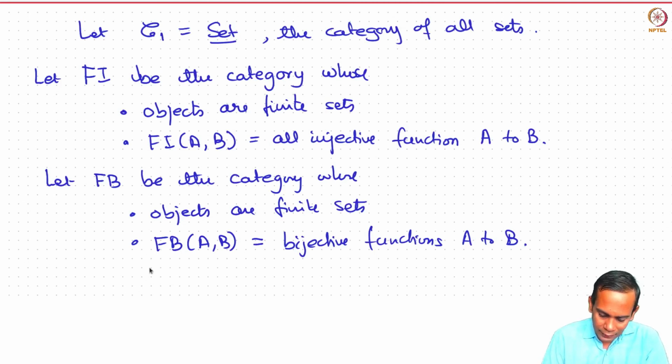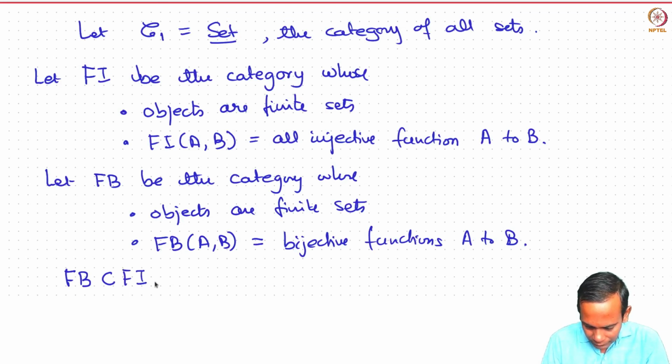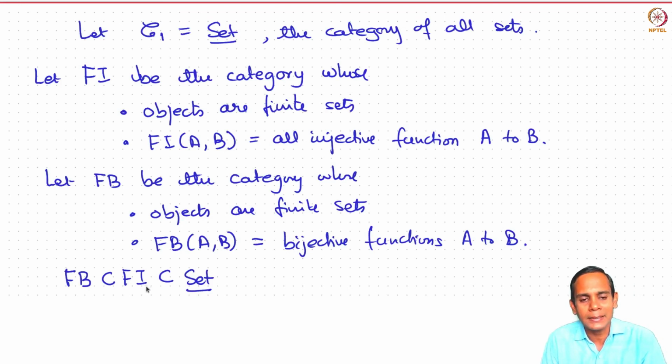Then we have a hierarchy of categories here. Fb is a subcategory of Fi, and Fi is a subcategory of the category of sets. There's a slight difference between these containments. Here even the objects are not the same, but we are restricting ourselves to finite sets, so the collection of objects here is smaller than the collection of objects here.